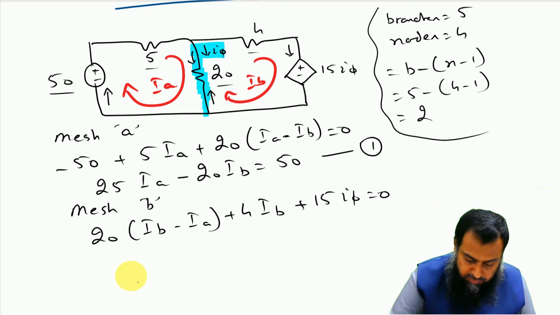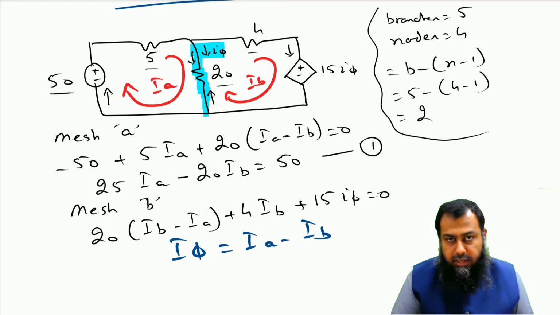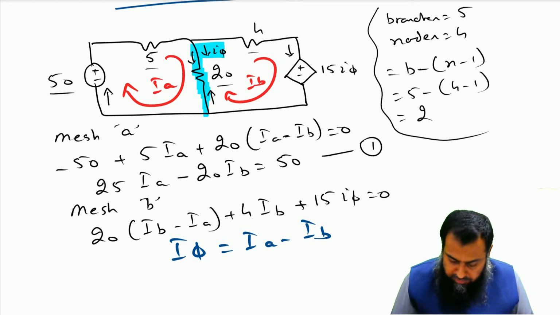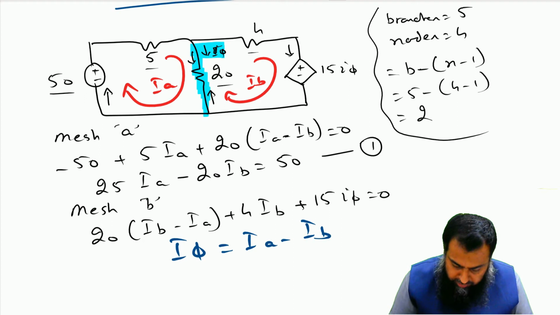So with our instinct, we should notice one thing instantaneously, that this I5 is equal to IA minus IB, because this IA is in the same direction as that of this I5. So I5 is equal to IA minus IB. Let us substitute it in here.